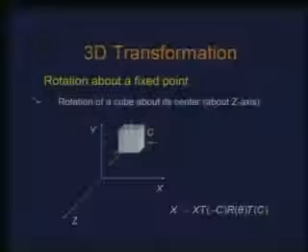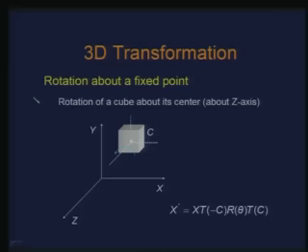Now, again the way we had seen in 2D, composition of transformations can also be illustrated in 3D. Let us say I take an example where I have to perform rotation about a fixed point. Normally we have seen the point about which the rotation is happening is the origin.